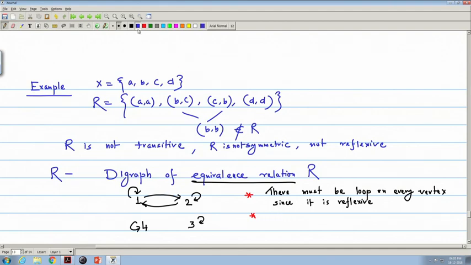So, it will be a directed edge between x to y as well as y to x.